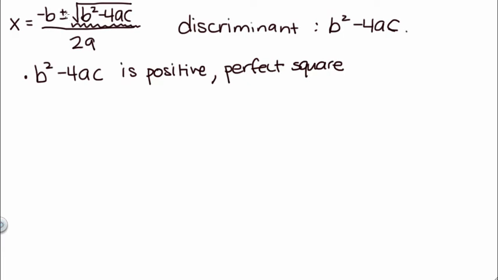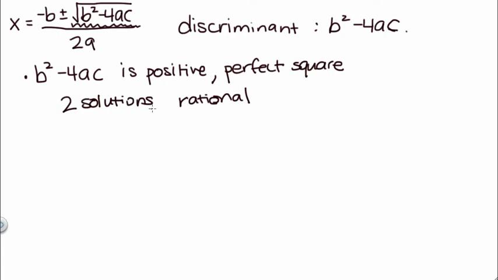So it'll be negative b plus or minus the whole number over 2a. So you will have two solutions, and they will be rational, because it's a perfect square, so you can take the square root.